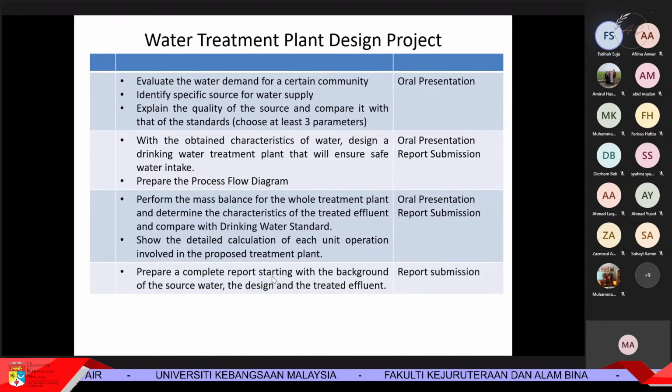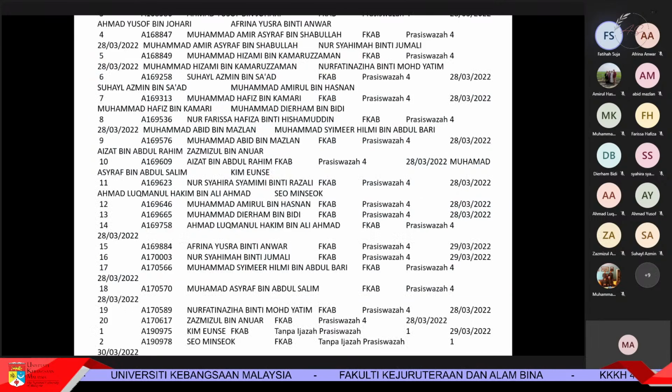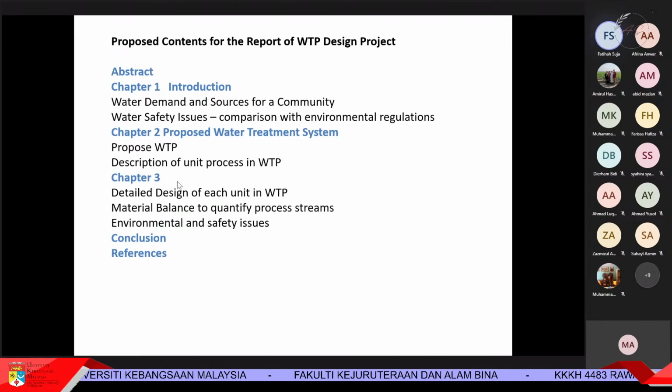Okay, so the proposed contents for the report should be by chapter. Chapter 1, Introduction, Water Demand and Sources for a Community, Water Safety Issues, Comparison with Environmental Regulations.